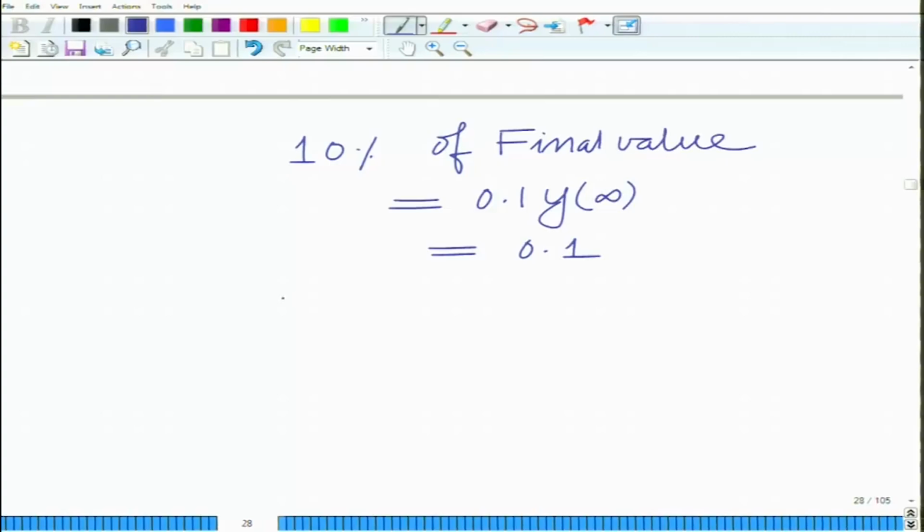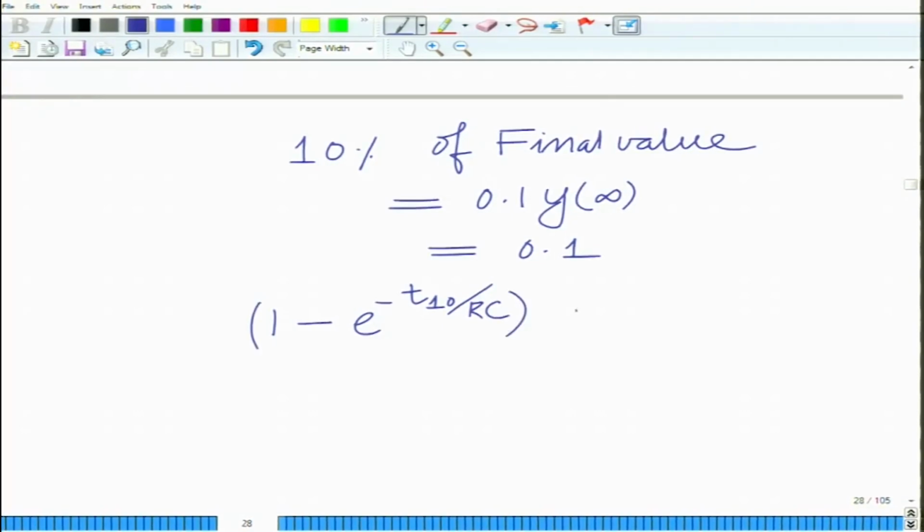Now, what is the time? We have 1 minus e raised to minus T10 over RC equals 0.1, where let us call T10 the time taken to reach 10% of the final value.